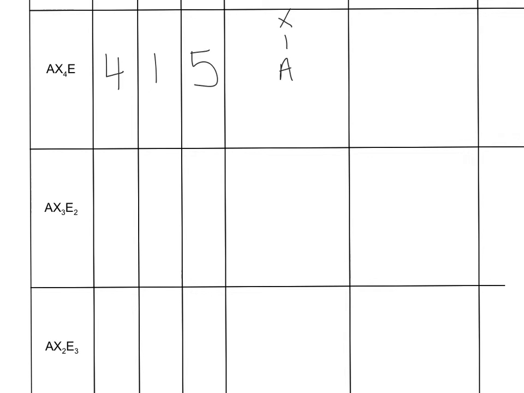So it's going to be in this equatorial plane first. So there's our 4 X's. So this is trigonal bipyramidal for electron pair geometry.